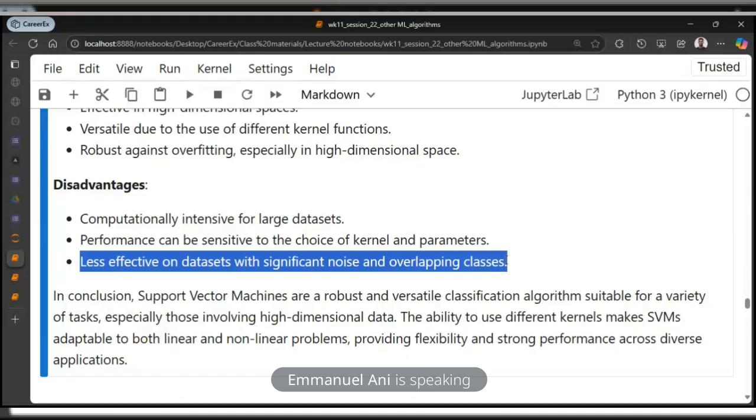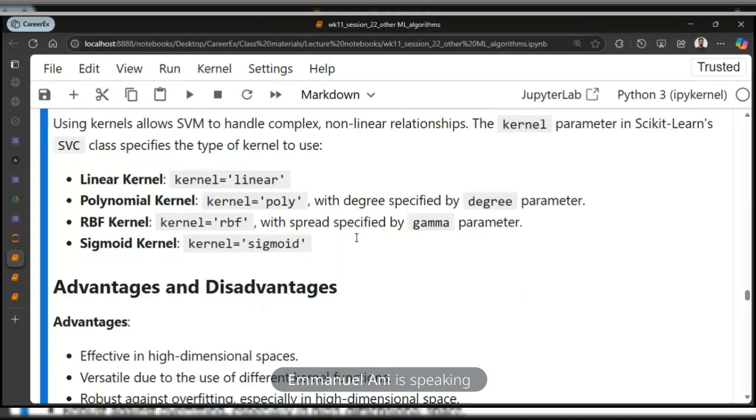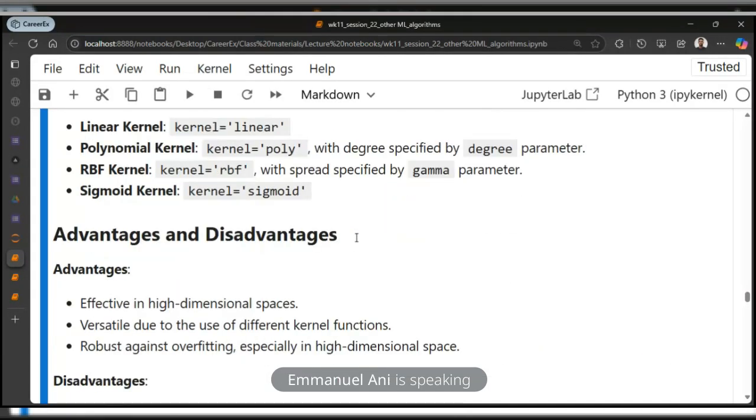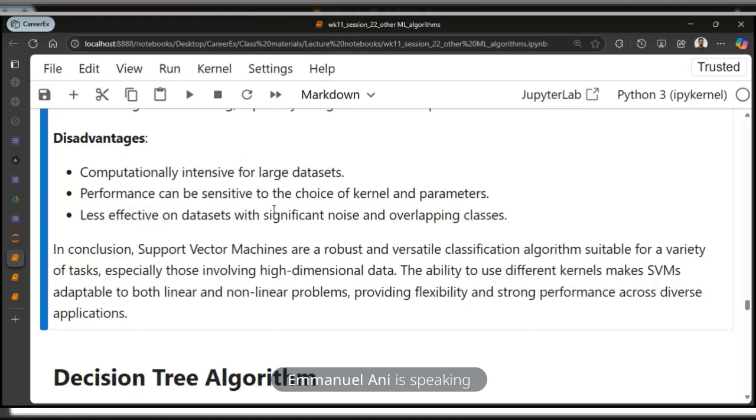So obviously there'll be errors, but it will not be as clean as when you have classes that don't overlap so much. These are some of the things you need to keep in mind when selecting a particular model. So this is all we have for SVM. You can just go over it, and I believe you'll understand it very well.